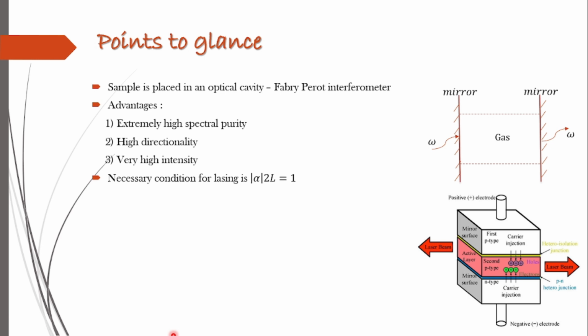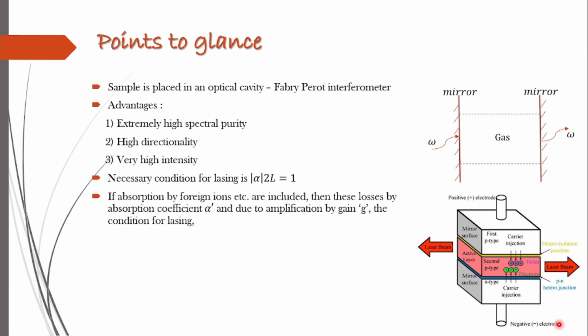How the diode is constructed can be observed in this diagram, where you can observe the carrier is injected into the depletion layer where the excitation and de-excitation take place, which is responsible for the emission of the laser beam.